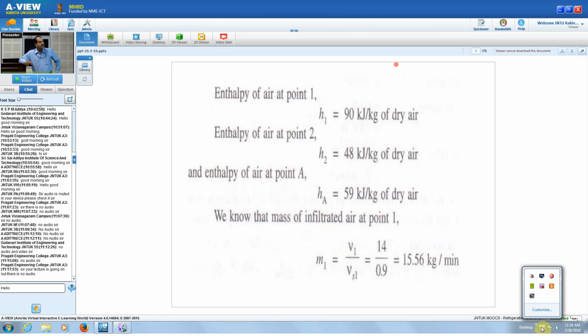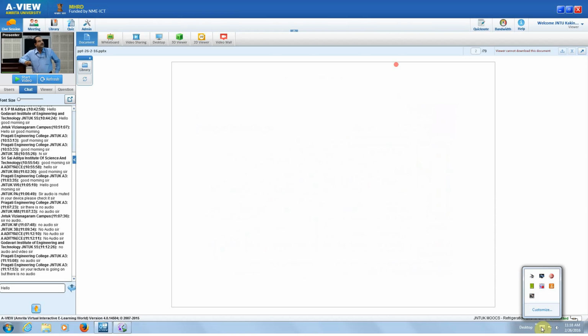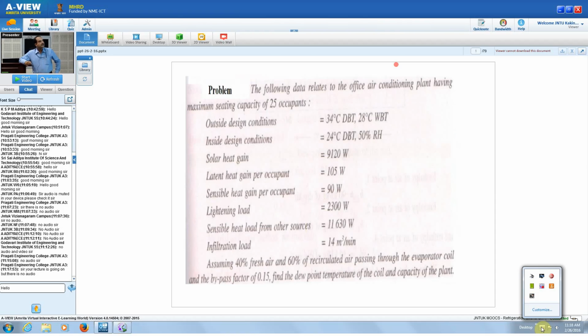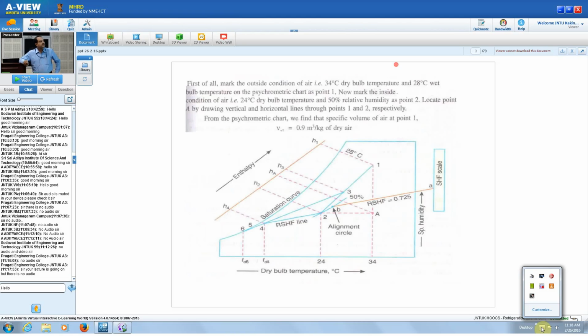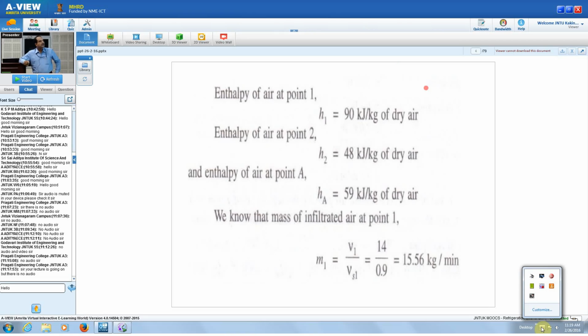Please come to the problem. First slide, I think. Infiltration load is 14 meter cube per minute. This is volume. Next. So like that, M1, that is 14 divided by 0.9, we will get 15.56 kg per minute. Up to this clear. Next slide.